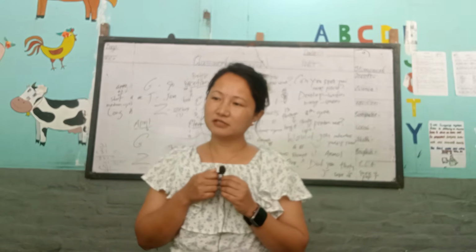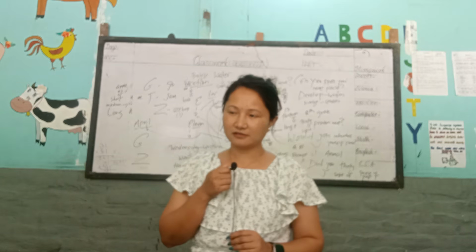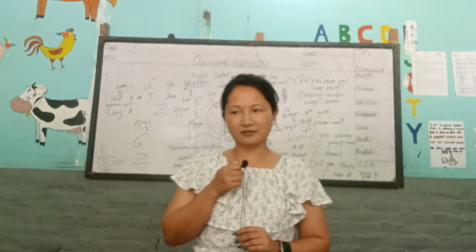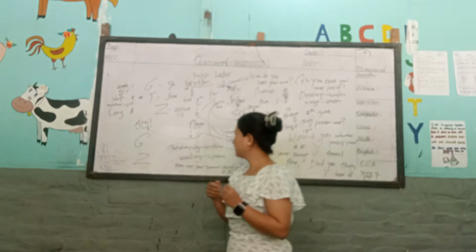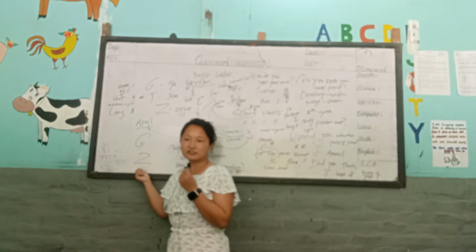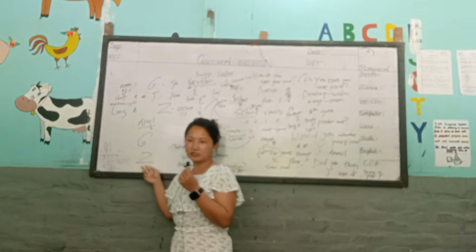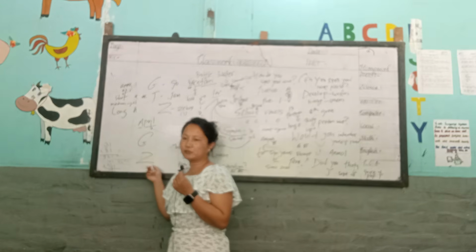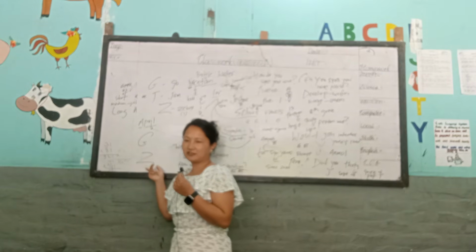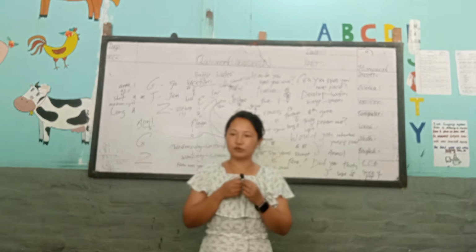You can say Z. Z American, Z British. You can pronounce this letter Z two different ways. One is Z, British, or Z, American. Z is American and Z is British.